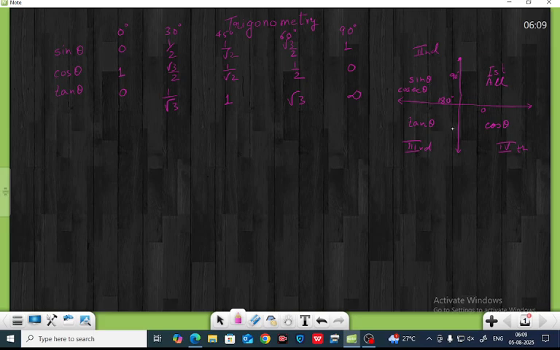From 180 to 270 degree, tan theta and cot theta are positive. From 270 to 360 degree, cos theta and sec theta are positive.